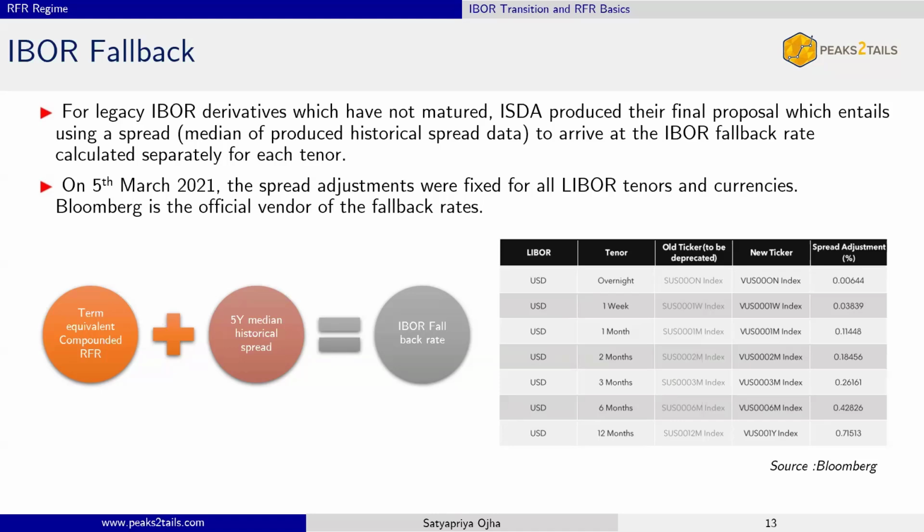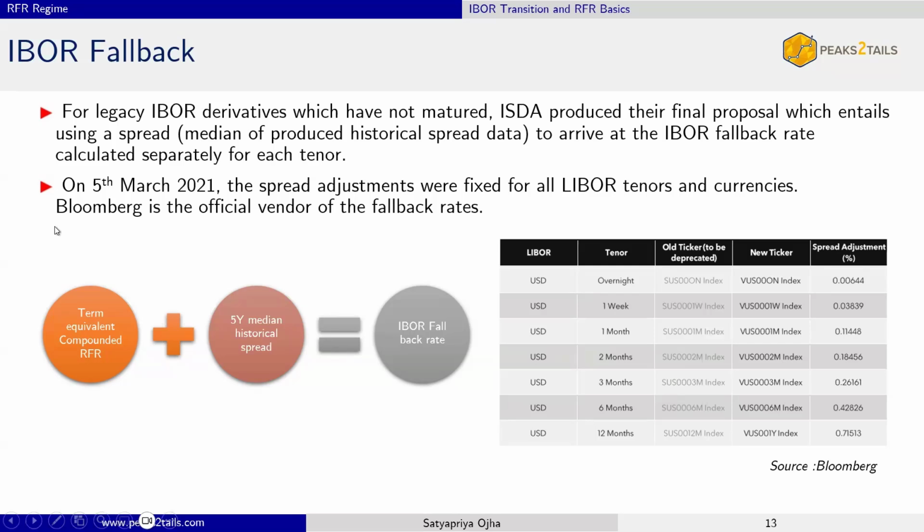So what do we do? ISDA proposed, let's do this. They studied the gap between LIBOR and SOFR rate, 5-year history. They took 5-year historical time series data between LIBOR and SOFR when LIBOR was alive. Then they calculated the median on 5th March 2021, the median of the spread or the difference.